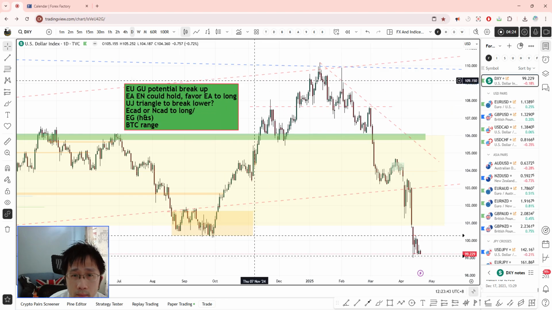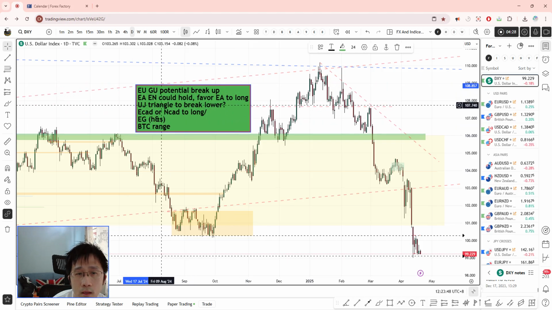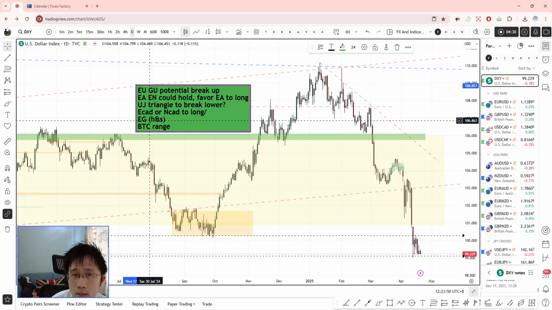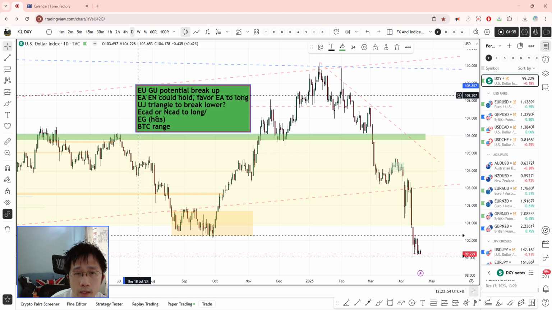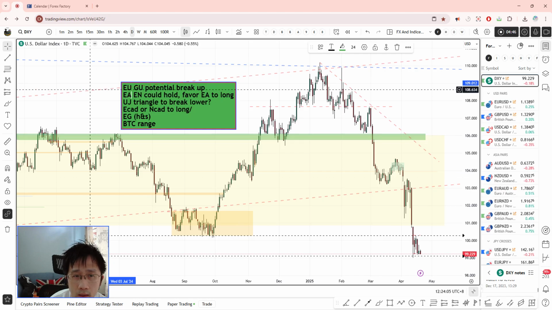Okay, so this week I will be going through these pairs: EURUSD, which means euro dollar, and GBPUSD, pound dollar, and then EURAUD and EURNZD. These are just acronyms or short forms. EURAUD and EURNZD are basically Euro Aussie and Euro New Zealand.